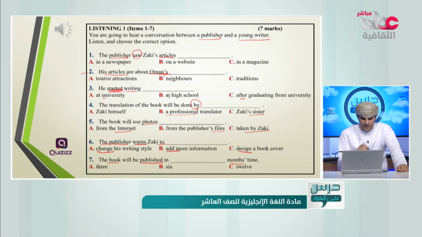When did he start writing? University, high school, after graduating? Maybe university, maybe high school, not sure. The translation of the book will be done by Zaki himself, a professional, Zaki maybe not free, Zaki's sister maybe, and could also be a professional. What do you think? You will listen now. And the book will use photos from the internet, from publisher files, taken by Zaki.